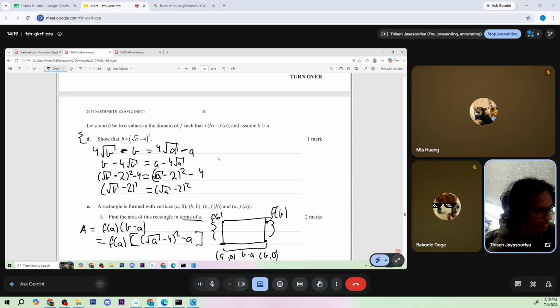So I've just completed the square on both sides. Here I get root b take 2 equals root a take 2, which means that b equals a, which is no use to us.